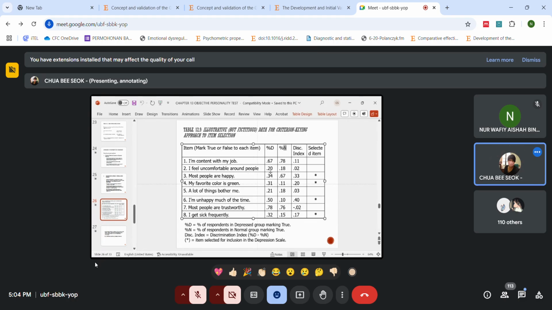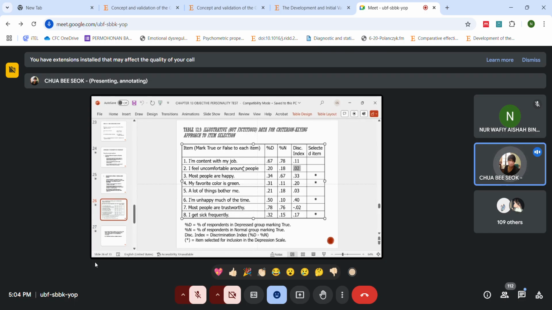The depression group is supposed to have a higher score than the normal group, but from the discriminant index, the responses from the two groups are almost the same, so this item cannot measure.